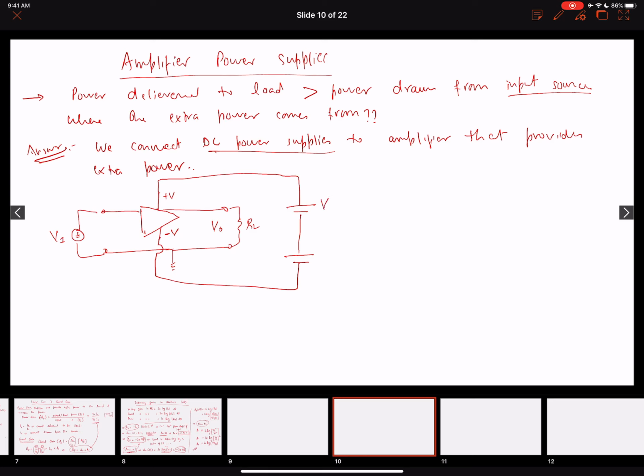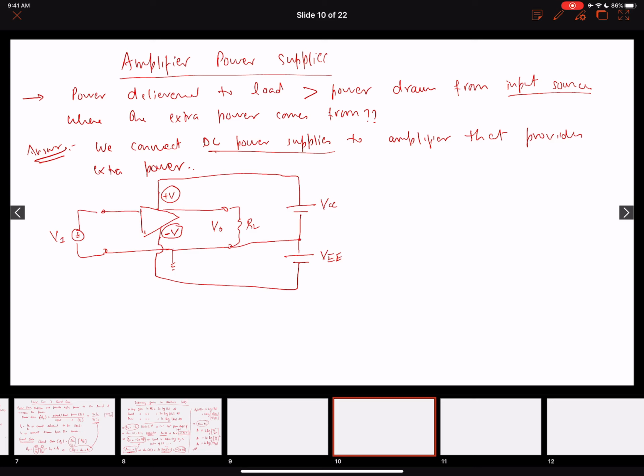This is VCC, and this is VEE. The amplifier chips usually have two terminals: one to connect to the positive supply, plus V, and another to connect to the negative supply, minus V. And the common terminal is connected in between here.